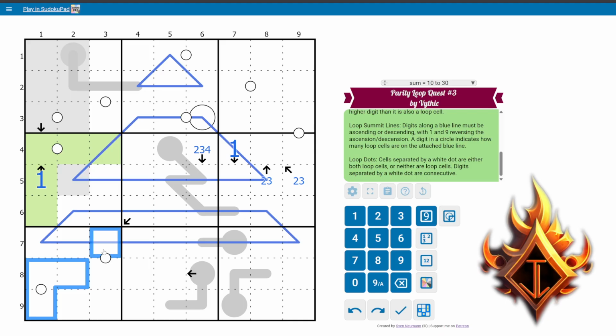That can't be 3. So we would do that and then have to make a box. That'll be 1 or 2.